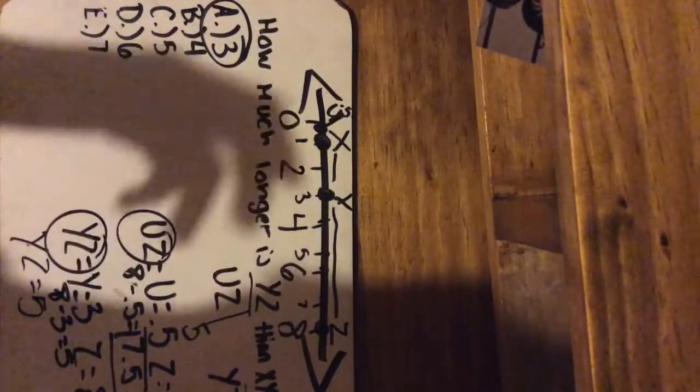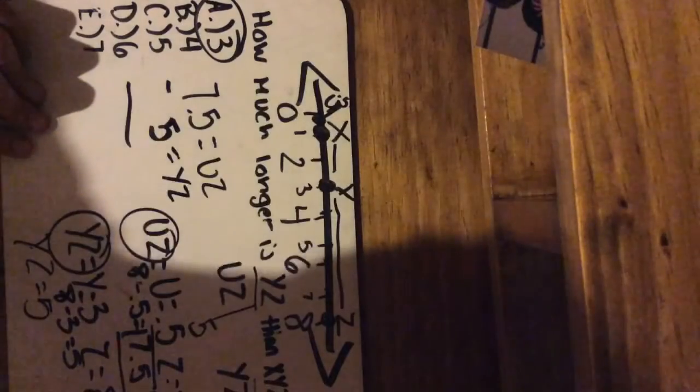Now we're trying to find out how much longer this is than YZ. And like I said before, it's just normal subtraction. So 7.5 minus 5. This equals UZ, and this equals YZ.